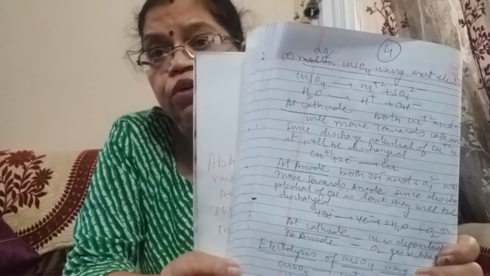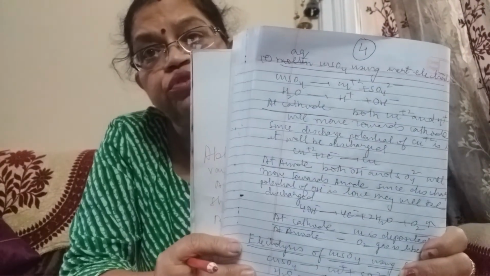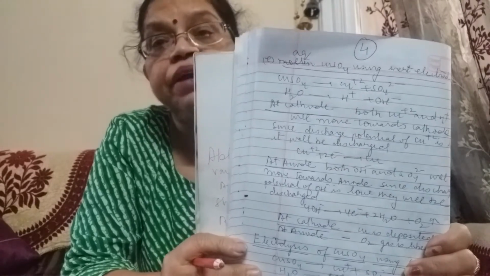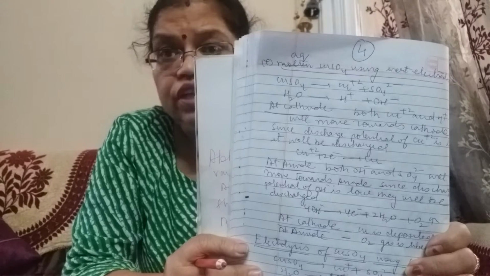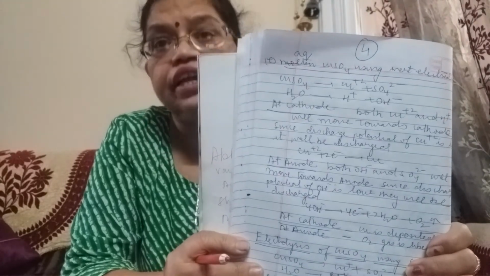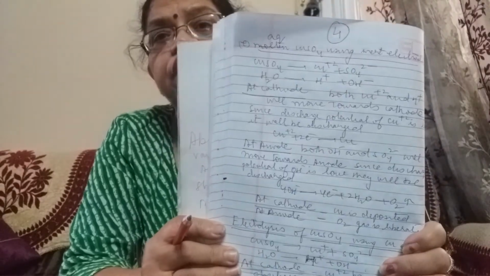Now, what about anode? At anode, both sulfate ions and OH ions will move. Just now we have talked about in acidulated water, if both sulfate ions and OH ions move towards the respective electrode, here they will move towards the anode. सल्फेट आयंस का डिस्चार्ज पोटेंशियल ज़्यादा है, OH आयंस का डिस्चार्ज पोटेंशियल कम है, तो OH आयंस will get discharged.